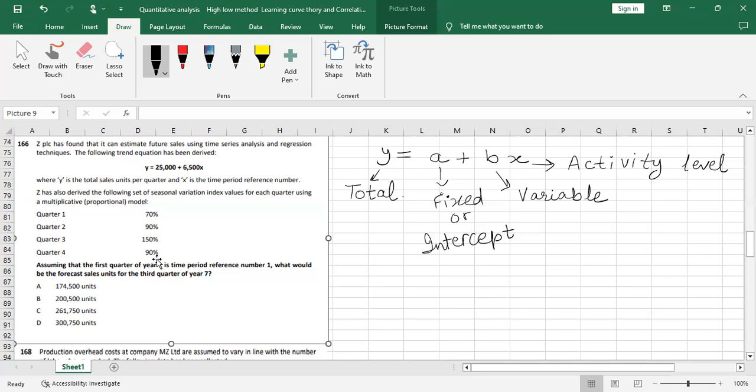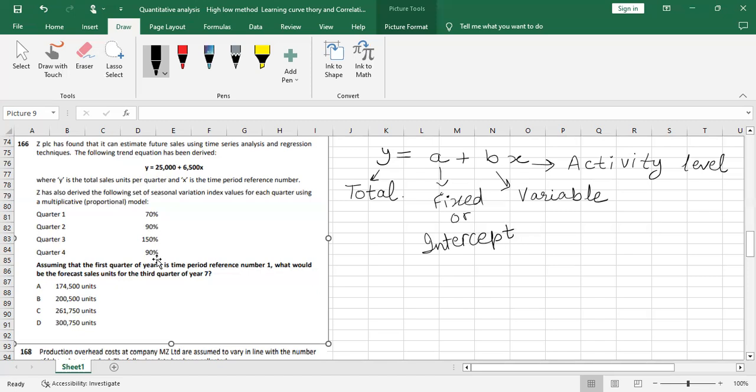Now, in the second year, quarter 1 is denoted by number 5. You will not start from 1 once again. You started reference number 1 for quarter 1 of year 1. When you are in year 2, quarter 1 is denoted by 5. It means quarter 4 for year 2 is denoted by 8.